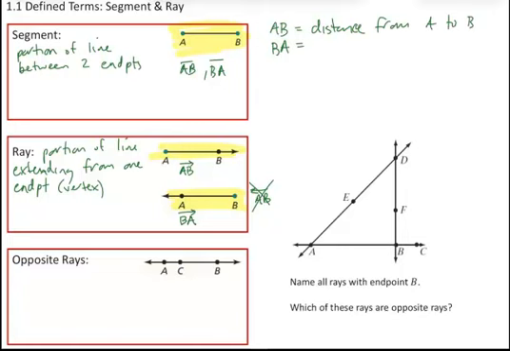And then the final definition from this region of section 1.1 is opposite rays. Opposite rays are two rays that share the same endpoint and form a straight line together.